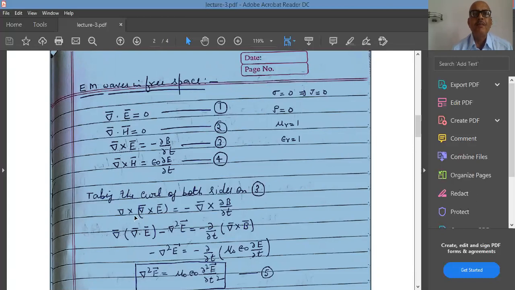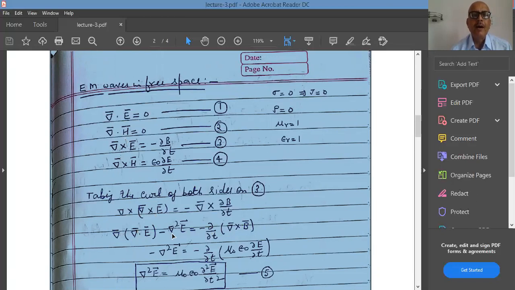You have to remember basically this because we have to use it quite often in our course. So it is gradient of divergence of E minus del square E is minus del over del T of curl of B. So divergence of E is equal to 0 in this particular case.